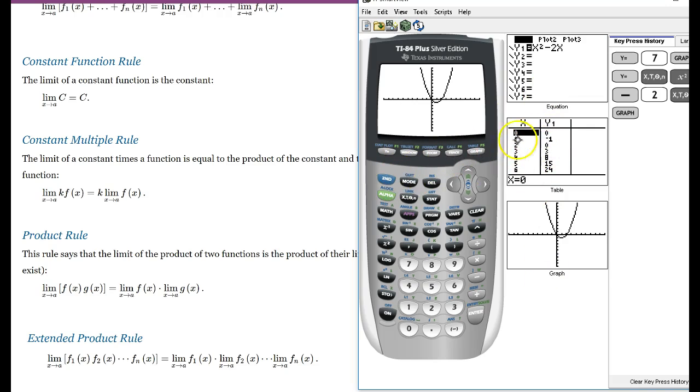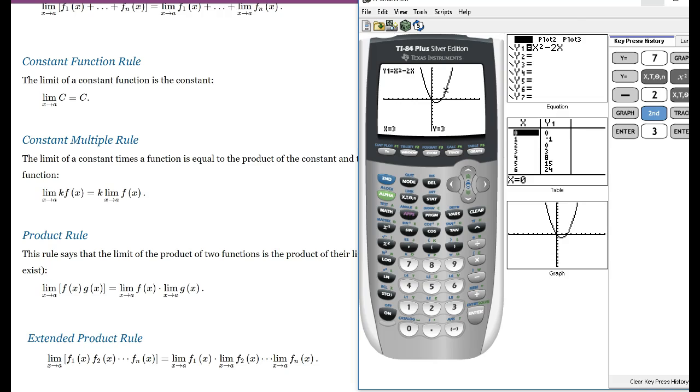But if it's maybe not on your table of values or it's not in the picture, what you do is second function trace. You choose that number 1 value and you enter your value. So we were looking at x approaching 3, so we plug it in and it tells us that y is in fact 3.